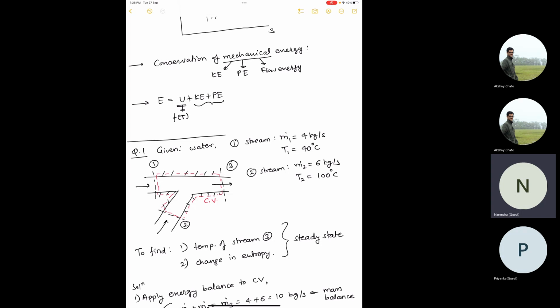But my view is that while giving the problem, instead of giving the data directly, you should give the question statement, because in thermodynamics, understanding what is given in a question is the main thing.